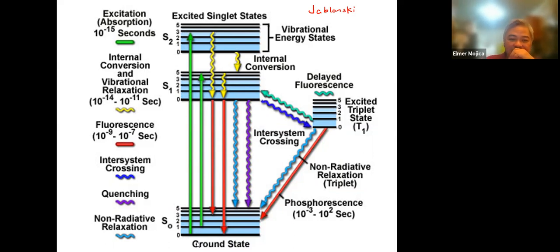Okay. So if you're going to look at this Jablonski diagram, this is just a diagram that illustrates the electronic states of a molecule and the transitions between them. And the name of Jablonski is Alexander Jablonski.